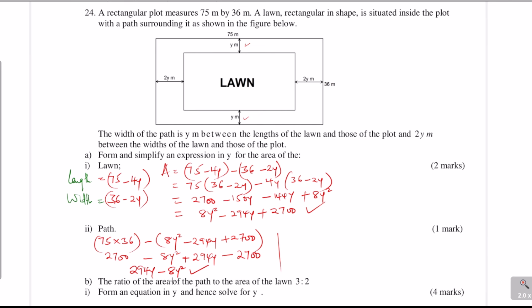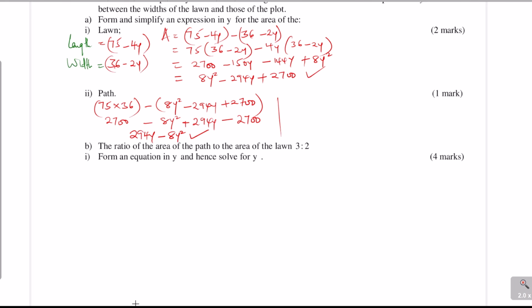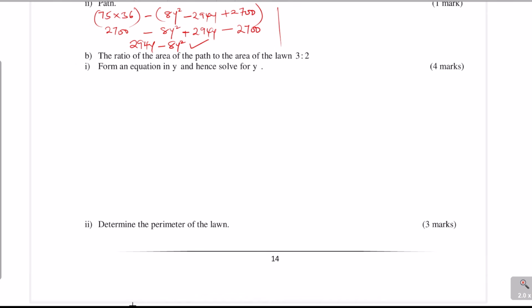Now we go to the next one, part B. The ratio of the area of the path to the area of the lawn is 3:2. Form an equation in y, and hence solve it. So the ratio of the area of the path, we got the area of the path to be 294y subtract 8y squared.